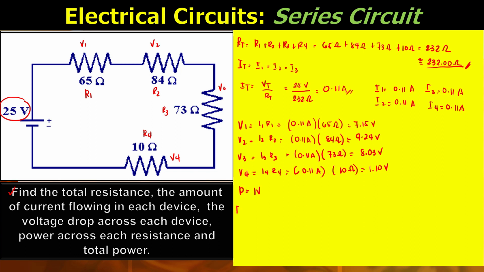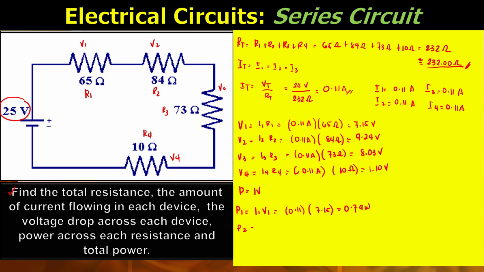So P1 is equal to I1 V1. So we have 0.11 times 7.15. So we have here 0.79 watts.